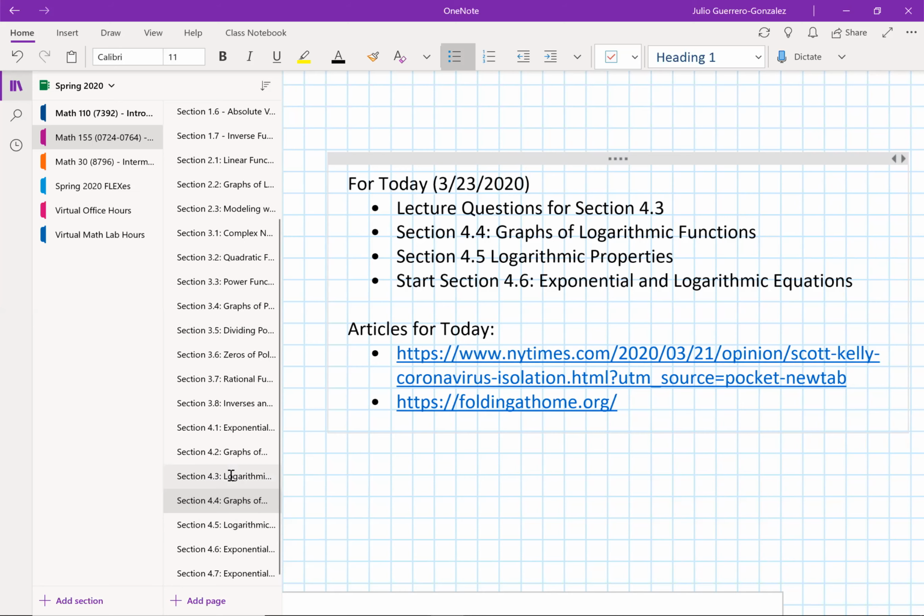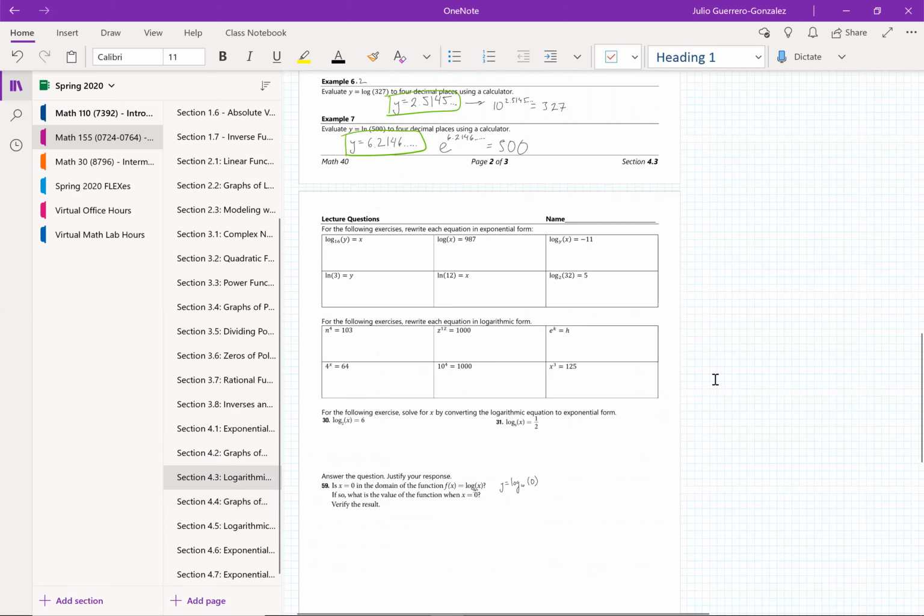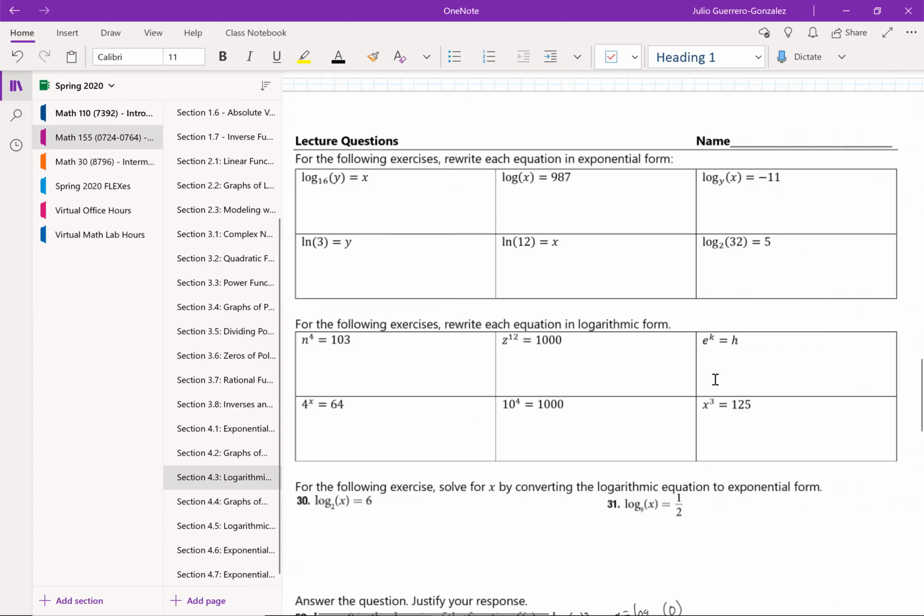So for now, 4.3. I'm going to give you guys 10 minutes with it. I think some of you guys finished this already, didn't you?